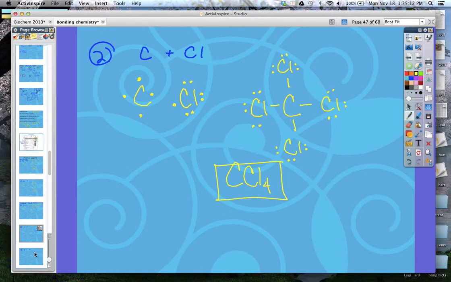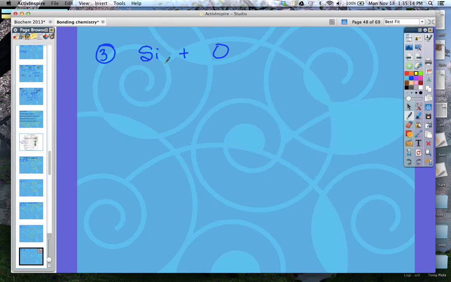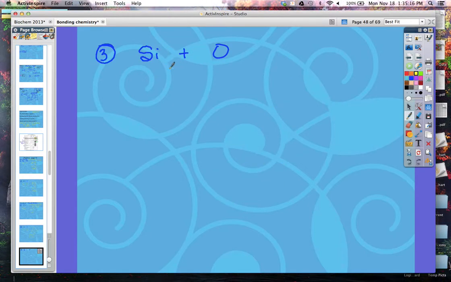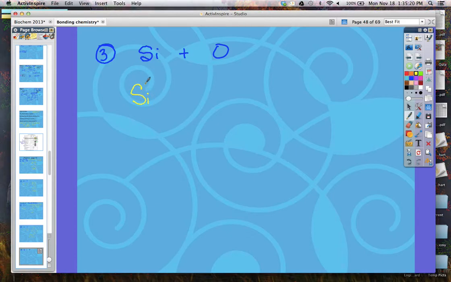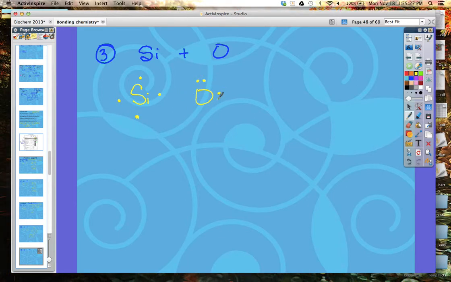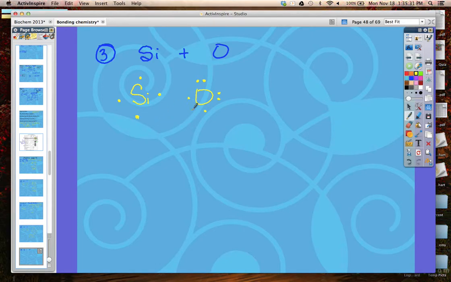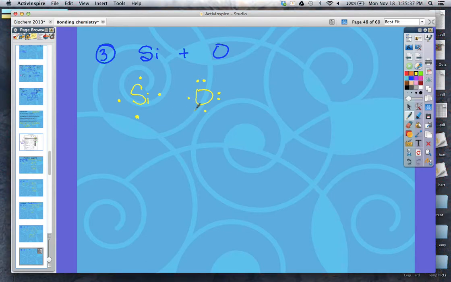And then the last example on that page is silicon and oxygen. Silicon has 4 electrons, and oxygen has 6. So this one becomes a little bit trickier. I know that my oxygen needs to share 2 electrons because it needs to share 2 with this silicon.